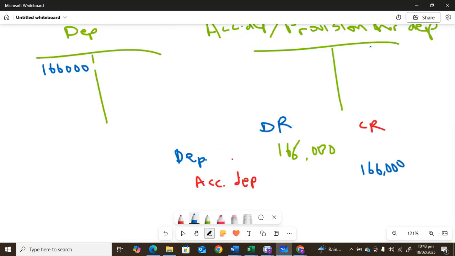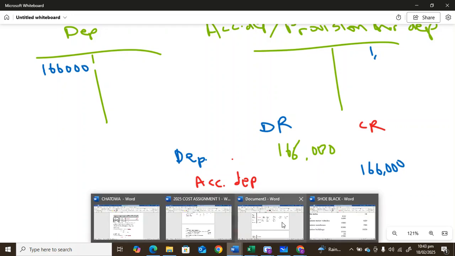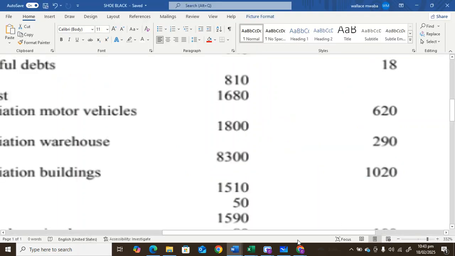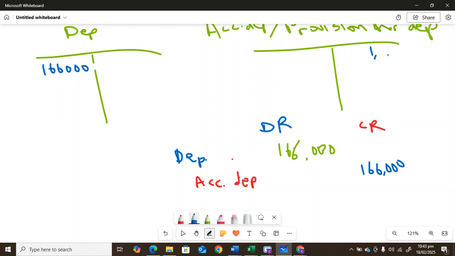This amount, 1,020,000, is already existing here. And then we are bringing in also this 166,000 here.